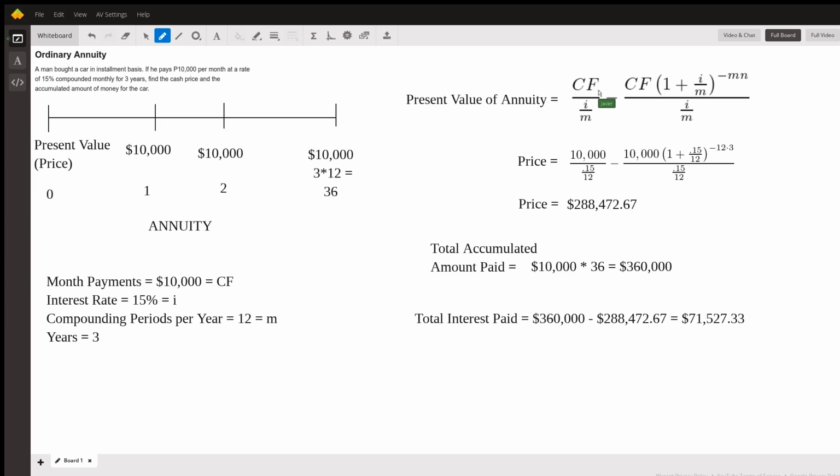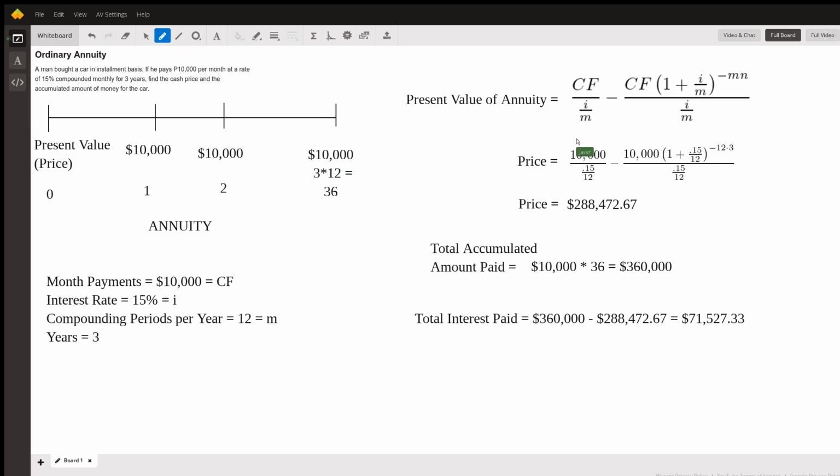As you can see, every variable in this formula we have defined right over here. In whatever problem you come across in your work, as long as you define the variables here, you will use this formula again whenever you have an annuity.